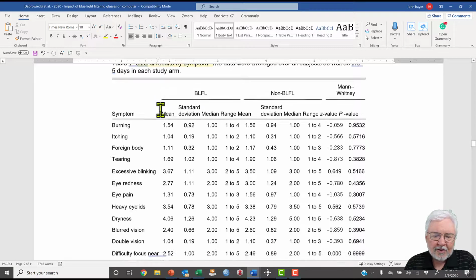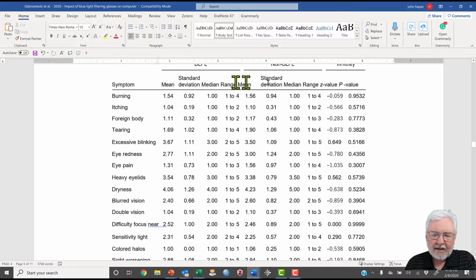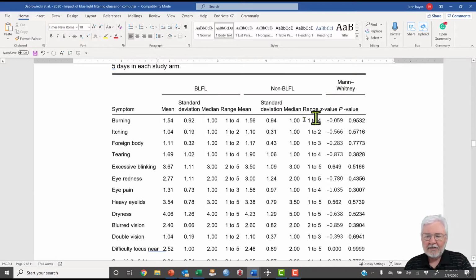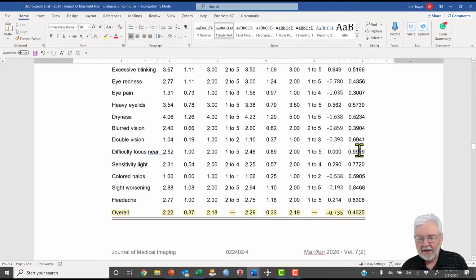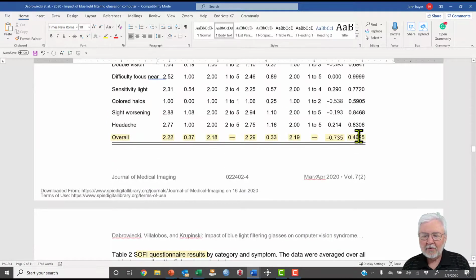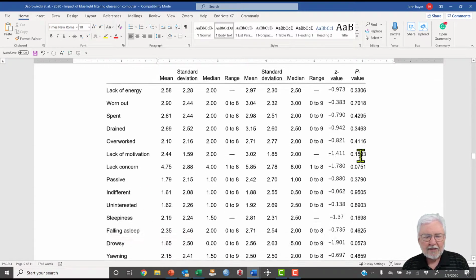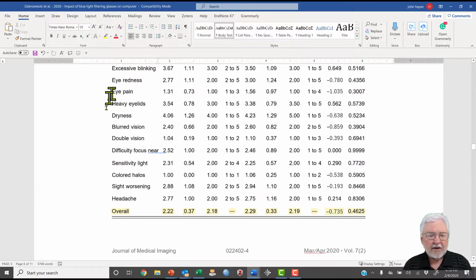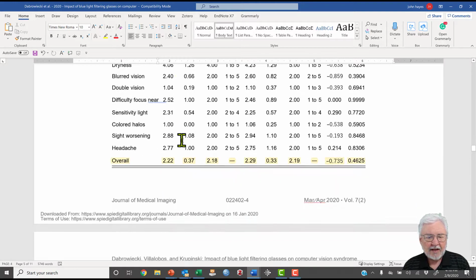So we have our results. Here we see the mean and standard deviation for the blue blockers, and mean and standard deviation for non-blue blockers. We give p-values over here, which we'll consider in a later video, but none of them are significant or even in the near range of being significant. The same with the SOPI test. Now, this test up here, they're talking mostly about eyes and things that happen with eyes.